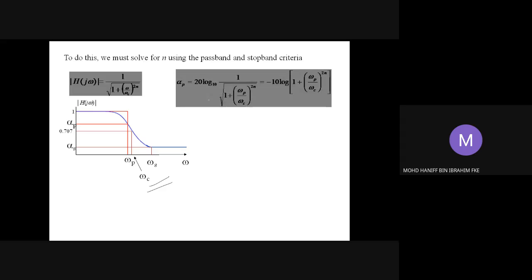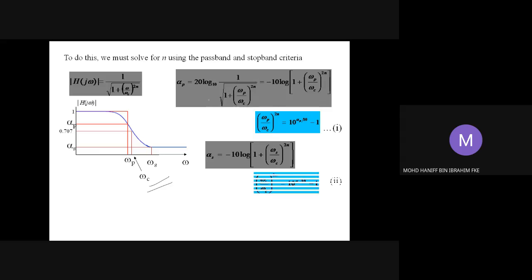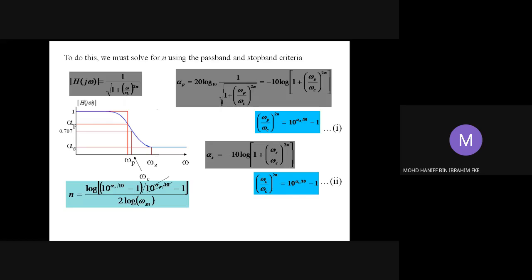These are the equations that will be very useful along the way of solving these problems. We have the alpha P equation and the alpha S equation, and these will be the equations used to calculate n. Sorry, I need to erase this line here. Sorry for that.